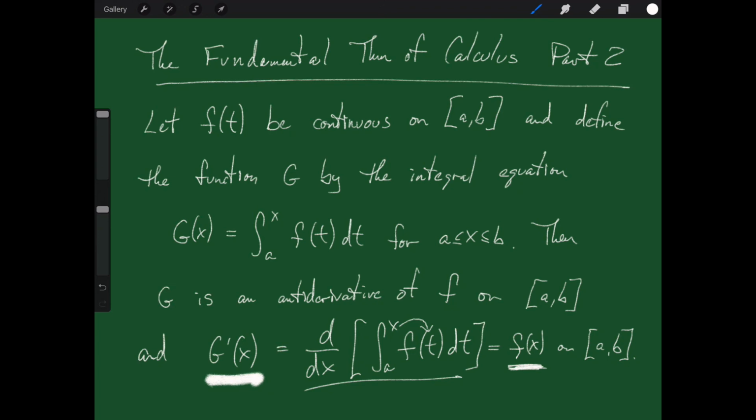Now, what I could also do is take this integral, compute the definite integral, then take the derivative of that function with respect to x, and what would come out is little f of x. And so either way works. This is just kind of a shortcut in order to quickly take the derivative of a definite integral. Okay, and we'll see some homework problems that do this sort of thing.